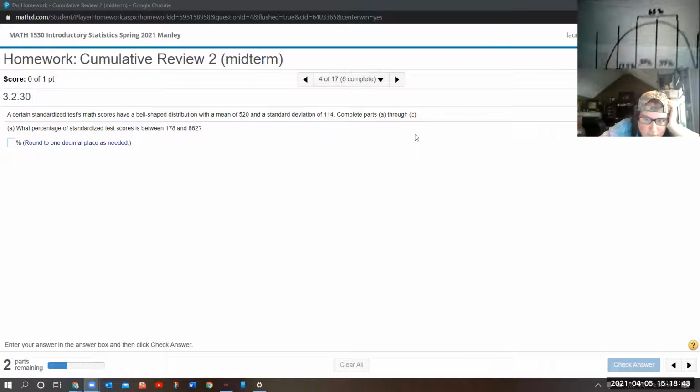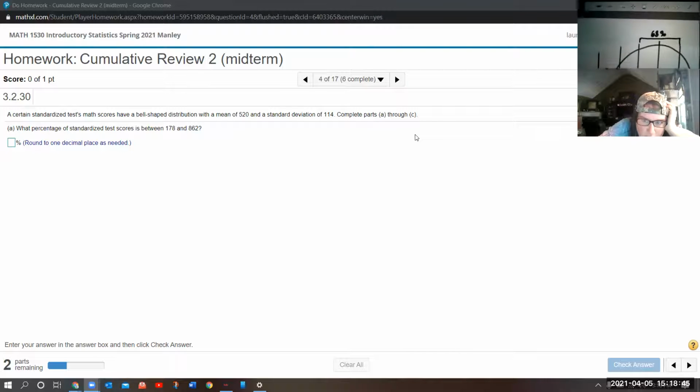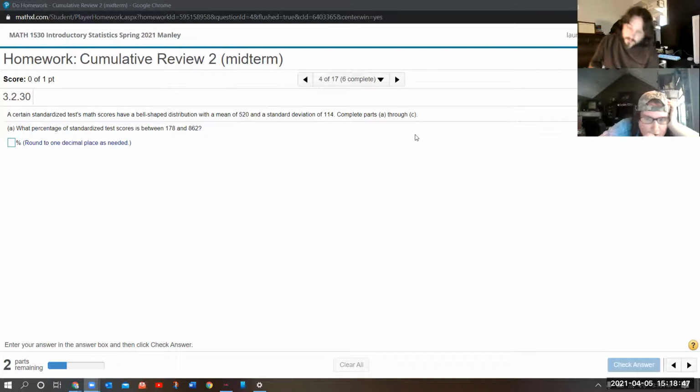See that? 34%, that's 34%, 68%. And then if you kept going, 95% of all data lies within two standard deviations, and 99.7% of all data lies within three standard deviations of the mean.